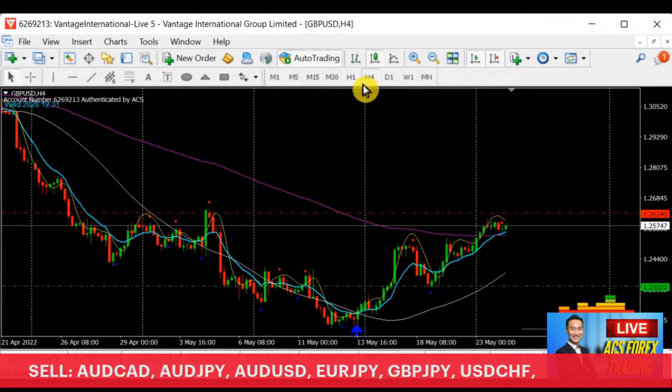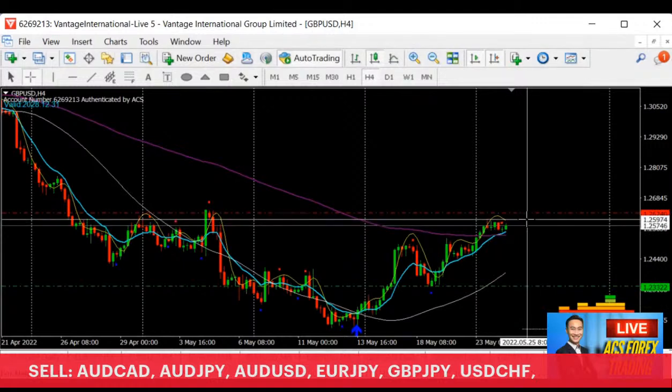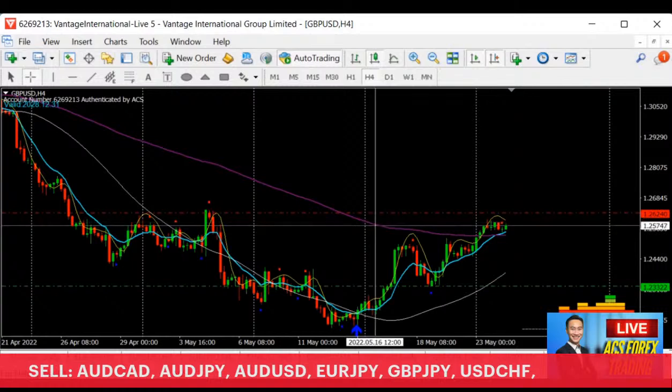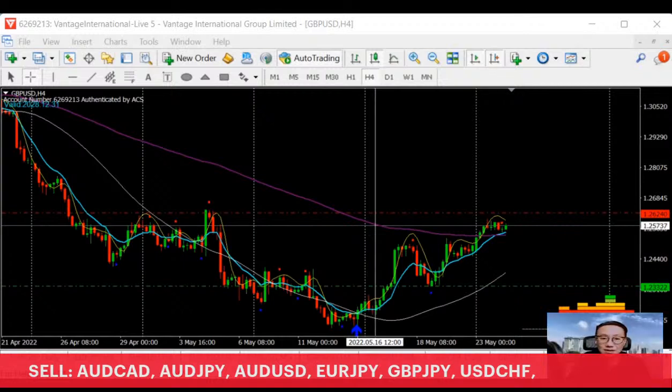We have a resistance over here, which may also be one of the resistances we're looking at, so this is something we should pay attention to, in case this is the time that we will be able to have a selling as well.